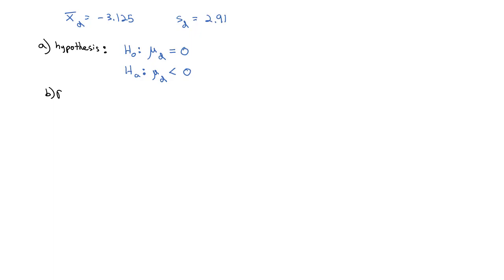And so if we were to draw a picture of our situation here, here's our t-distribution with an average of 0. We want it to be reduced. We're doing a left tail test. Now that we know that, we can find our test statistic.